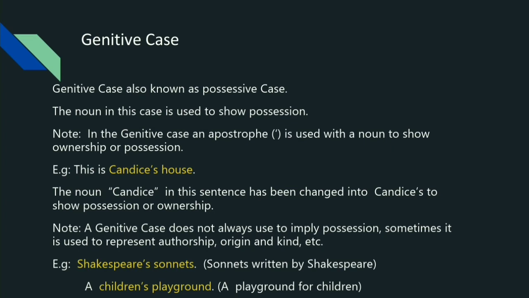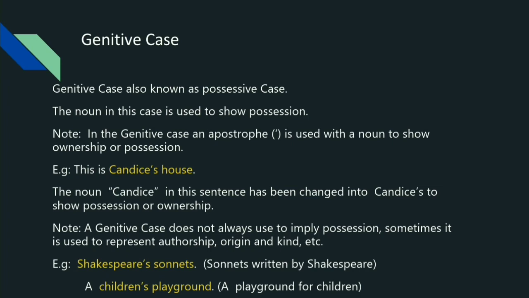And there is another point to note, which is that a genitive case does not always imply possession. Sometimes it is used to represent authorship, origin, and kind. Like there is an example, Shakespeare's sonnets.